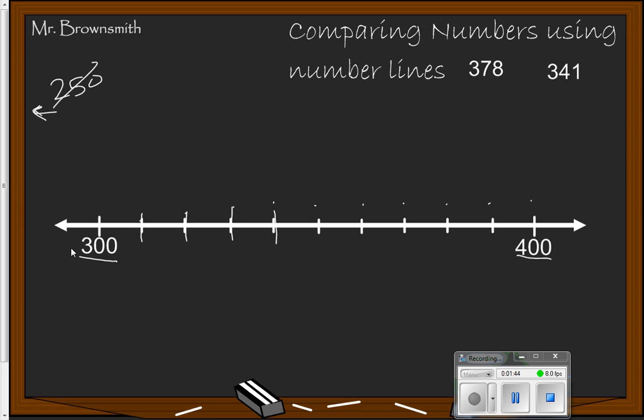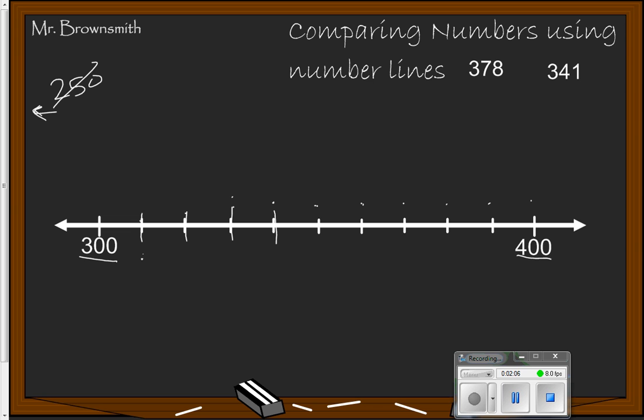So let's try maybe by fives. We have 305, 310, 315, 320, 325, 330, and I can tell I'm never going to get to 400. Well, maybe it goes up by hundreds. Let's check. 300, 400, obviously not. So obviously the next thing we want to try is tens.